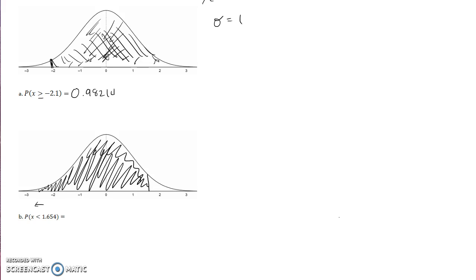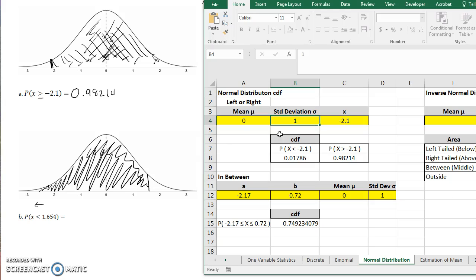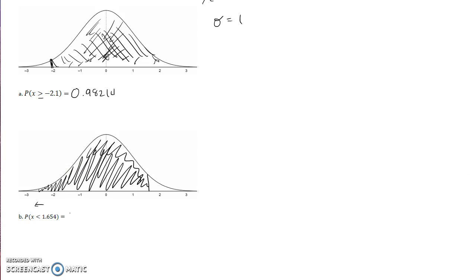So I am going to go to my normal distribution. We're still picking the left. The mean is 0. The standard deviation is 1. And then 1.654. And we're doing less than this time, so 0.9509. About 95% shaded. Not quite as much as this one up here, but pretty close.